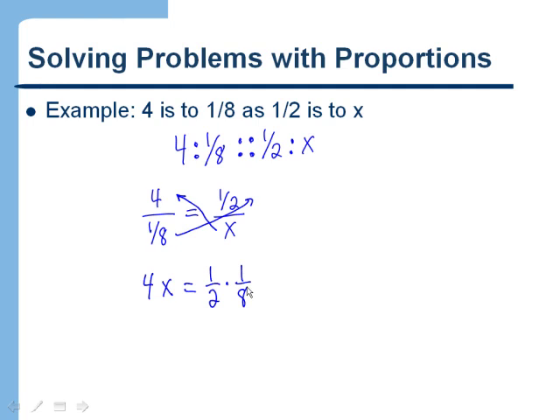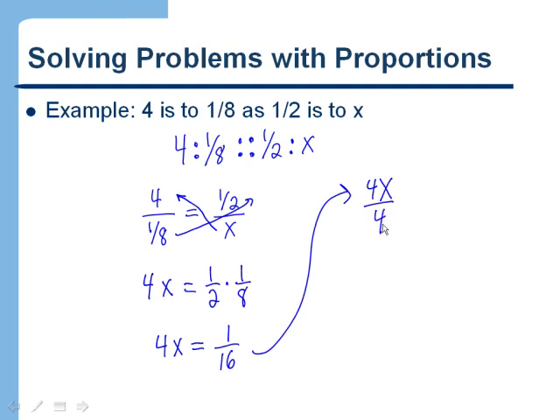We simply multiply the tops, or numerators, and multiply the denominators. So I get 4x is equal to 1 over 16. And now I need to divide both sides of the equation by 4 because I want to isolate just x.